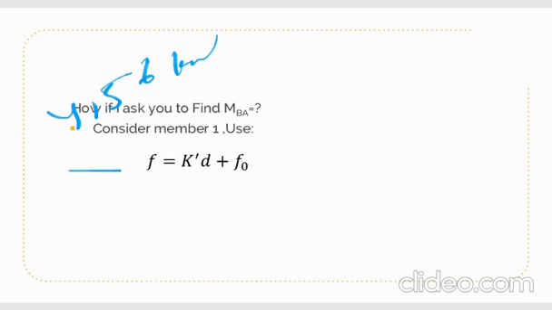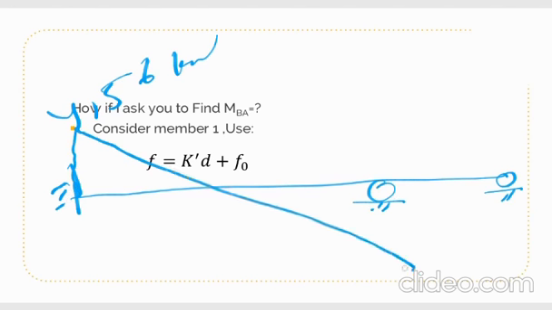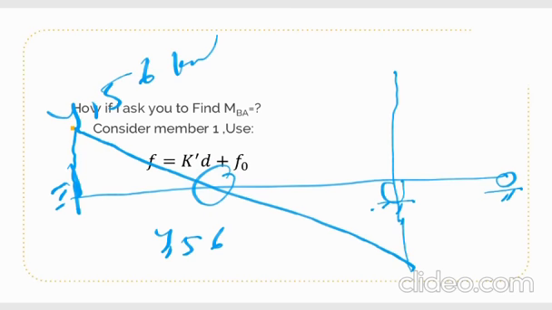Let me draw again. This is 4.56, okay. Then here equal 4.56. Sorry, I'm very sorry. We don't have anything, it's already 0 here.